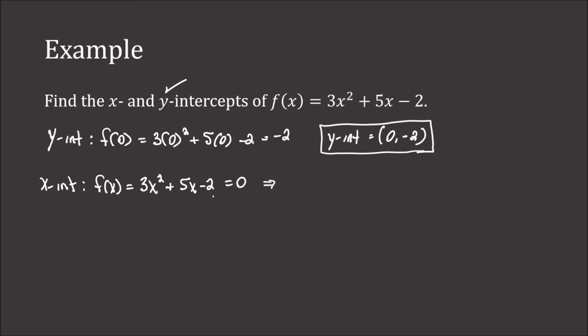So combinations of factors of 3 and 2, when subtracted, give 5. Well, we only have 2 factors of 3 and 2 factors of 2. So let's do x and 3x. Well, 6 minus 1 is 5, right? So we want to multiply the 3 by 2, the 1 by 1, and the higher product will take the positive. So it's x plus 2 times 3x minus 1 is equal to 0.